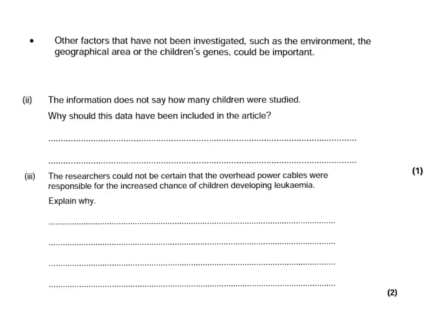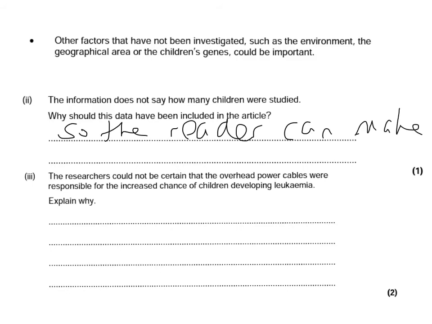Moving on to the next question, it says that the information does not say how many children were studied. Why should this data be included in the article? Well, the reason it should be included is so that the reader can make a judgment about significance. Okay, key word judgment.